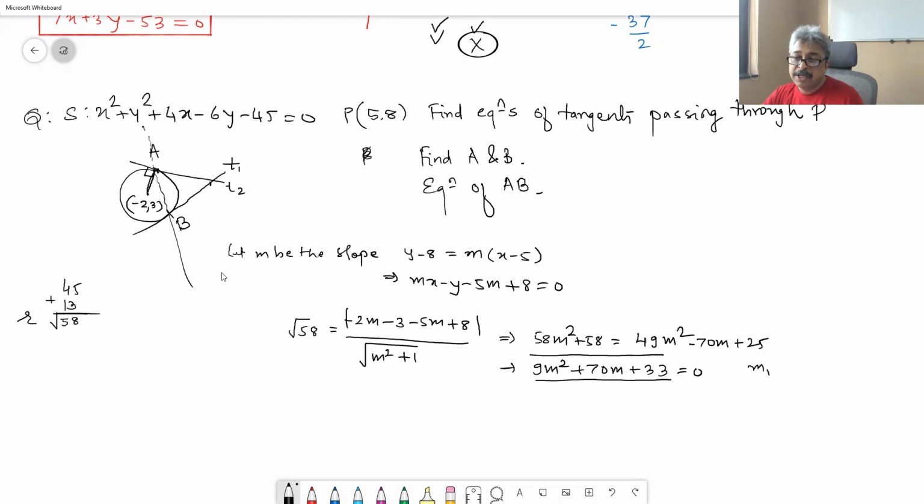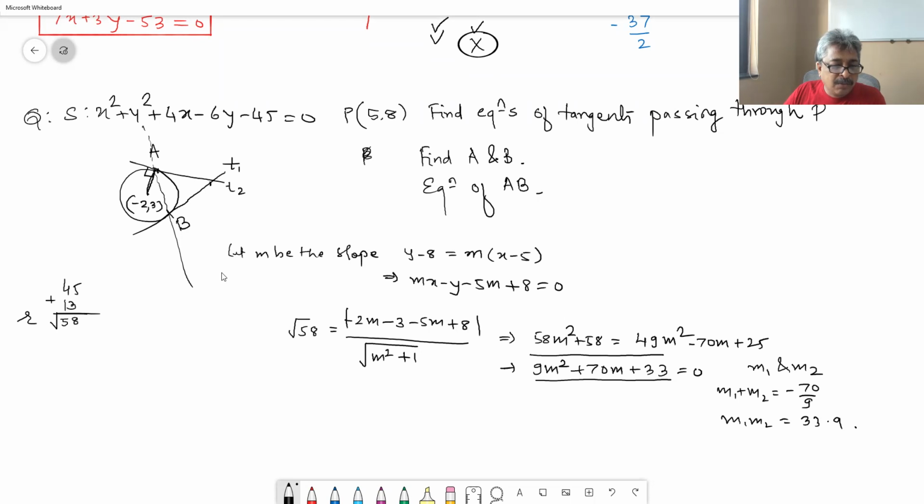Let us call them m1 and m2. So m1 plus m2 is equal to minus 70 by 9, and m1 m2 is equal to 33 by 9. Okay.